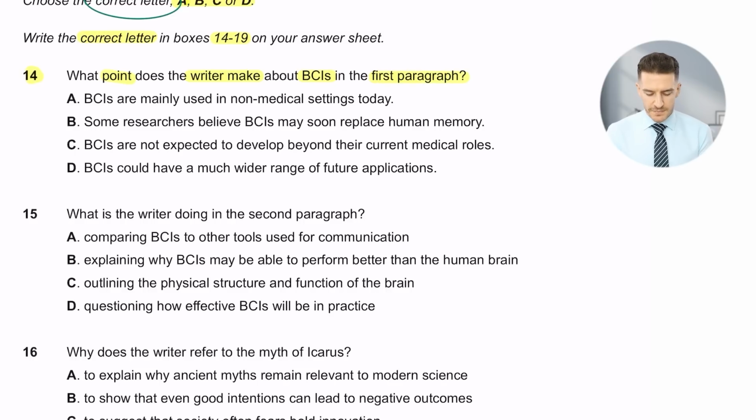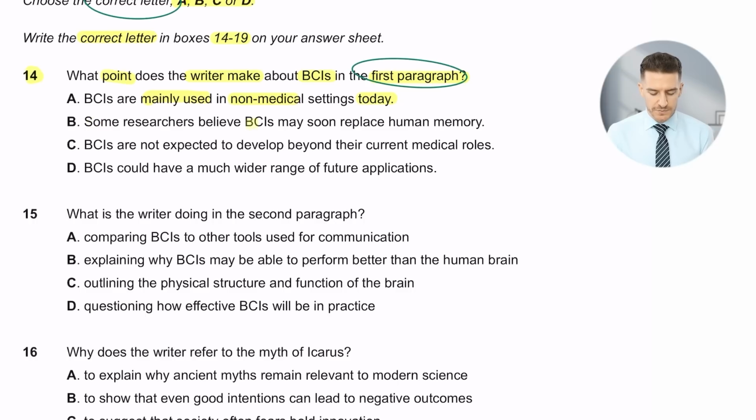Now, whenever you get something like this, first paragraph, it's fantastic because we know exactly where to look to find the answer. Now, you can have a quick look at the options if you want. It's really up to you. And that's what we'll quickly do right here. BCIs are mainly used in non-medical settings today. That's important, that word today.